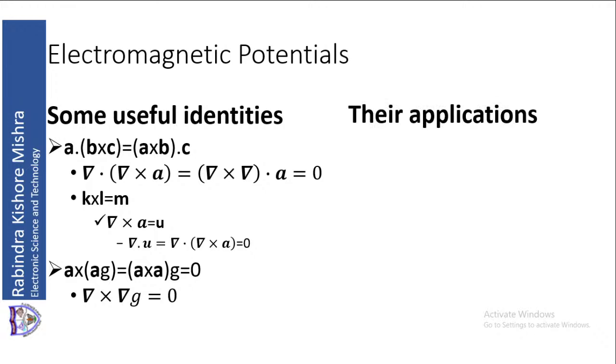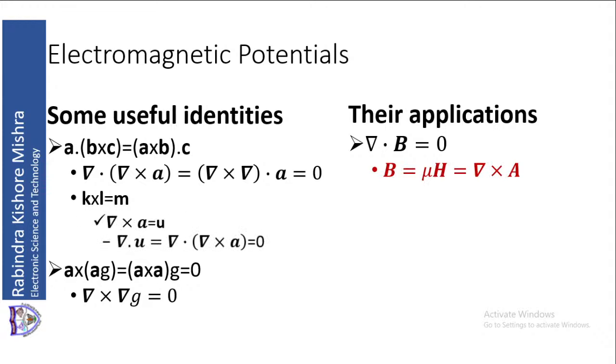Now let us go and apply this. From Maxwell's equation, the divergence of B is equal to 0. Del dot U is equal to 0 implies U can be represented as the curl of some other vector. So del dot B is equal to 0 implies that B can be represented as the curl of some other vector. Now we know B is equal to mu H.